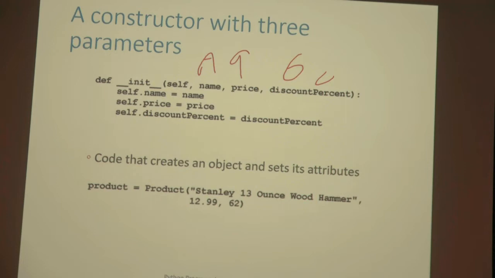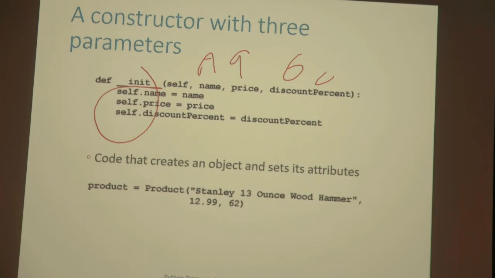The values will be passed to the attributes. The name, which is A, will be passed to self.name. The 9, which is the price, will be passed to self.price. The 60, which is the discount percent, will be passed to self.discount_percent, and so on and so forth.